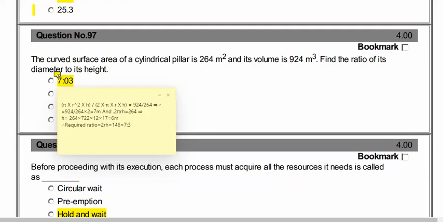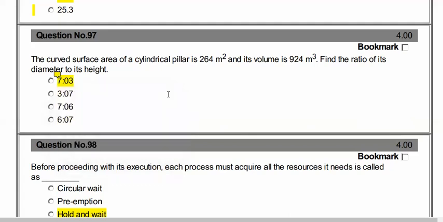That is, r is equal to 924 by 264 into 2, that is equal to 7 meter. And 2 pi r h is equal to 264. H is equal to 264 by 2 pi r, that is equal to 6 meter. Therefore, required ratio is equal to 7:3.